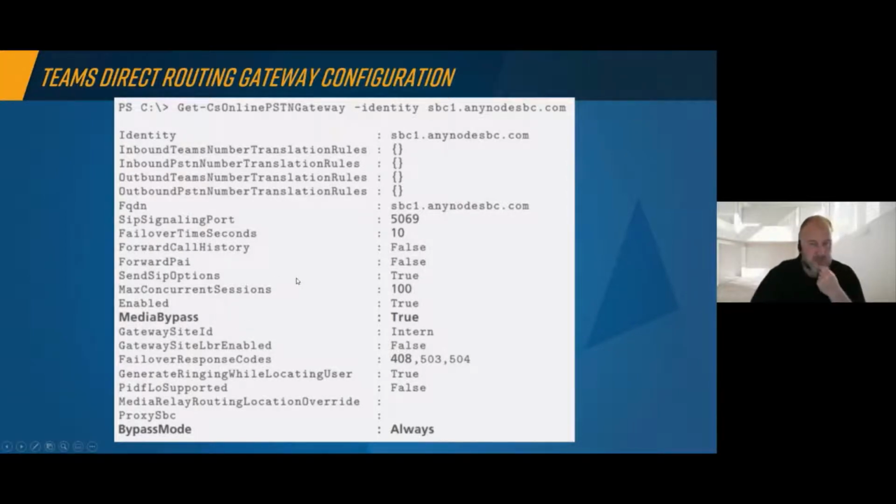The difference between those two modes is that the internal interface will only be available for all users if you specify always, and if you specify that it's for local users only, then it's only going to be used for the Teams clients that are in the local network of that site SBC.